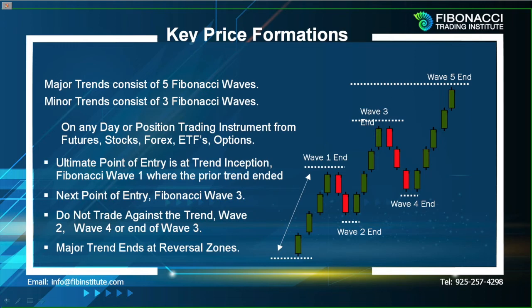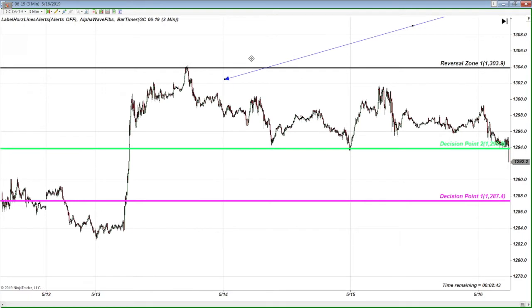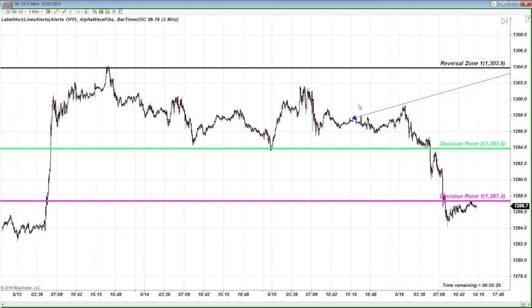Here's the example. Here's a gold 3-minute chart. Short, short, short. The start. If you start shorting randomly, at the end of wave 4, at the end of wave 3, you're shorting into a brick wall. If you start buying randomly, at the end of wave 3, into a brick wall, you're trading against yourself.